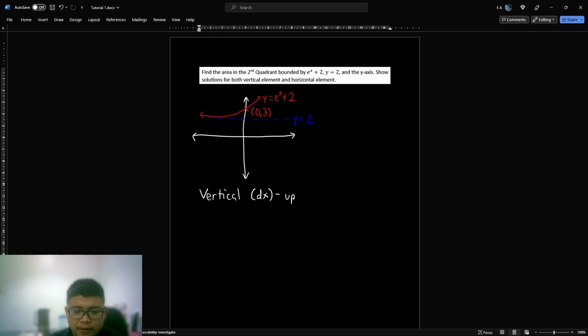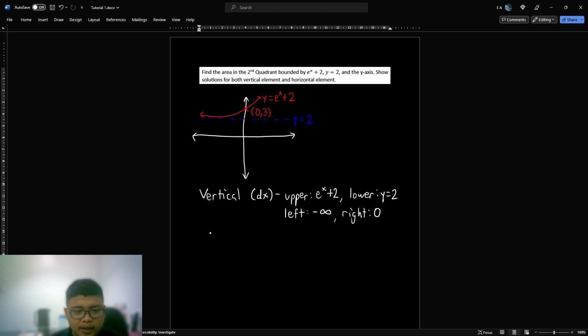The upper bound would be e to the x plus 2, and then the lower bound would be y equals 2. The leftmost bound would be negative infinity, and the rightmost bound would be 0.